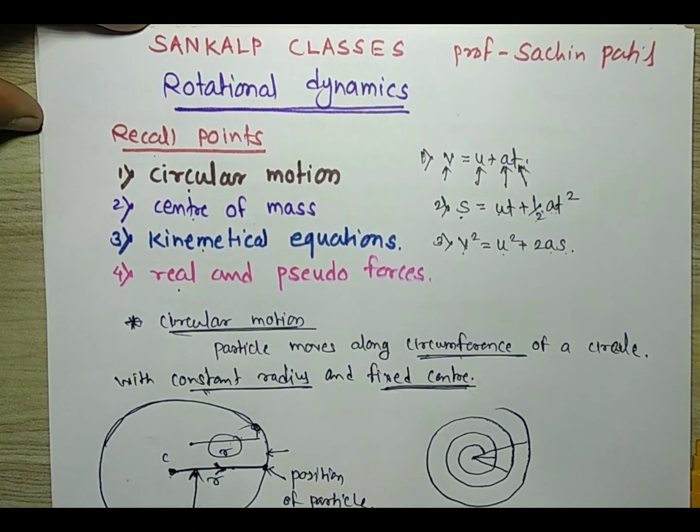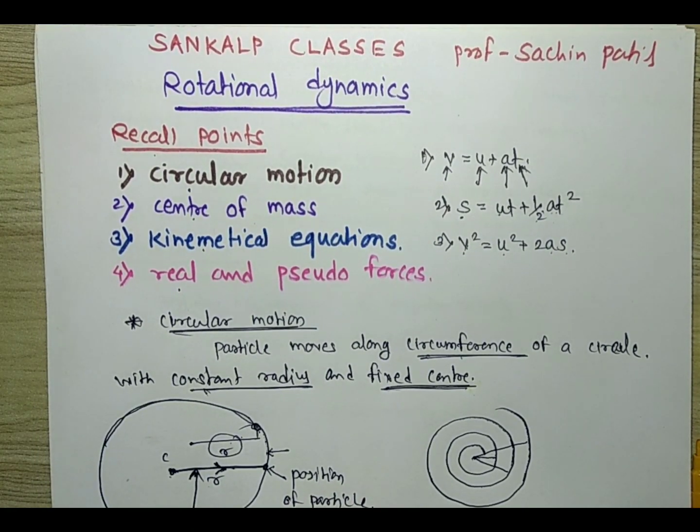Now we are going with the different considerations related to rotational dynamics. Here we differentiate rotational dynamics into two parts: one related to circular motion, and another related to moment of inertia, that means rotational motion.